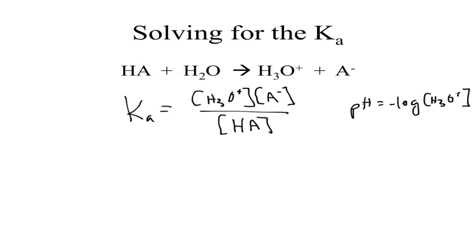Let's take the negative log on both sides. So I would get the negative log of the Ka equals the negative log of this big awful mess, which I'm going to abbreviate.